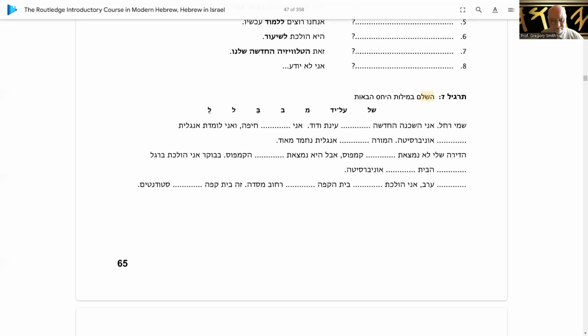Okay, and now let's look at this. Hadira Shali lo nimsa et. There it is. Ba campus. That's what I thought it was. Aval hi nimsa et al yad. There we go. Al yad ha campus. Okay, so it uses al yad, next to the campus. Not located in the campus, but it's located next to the campus.